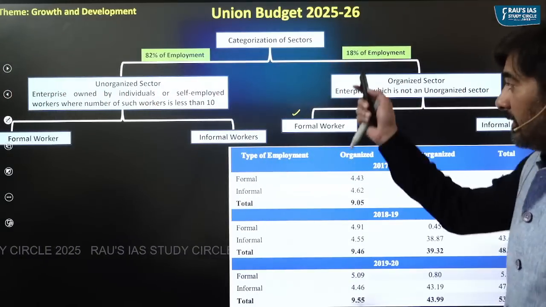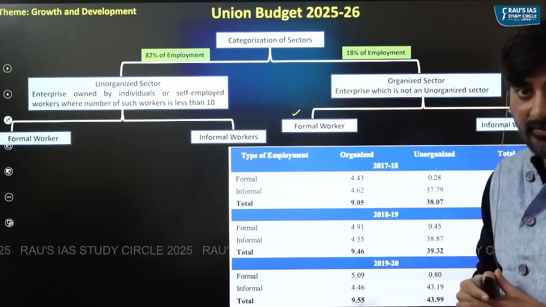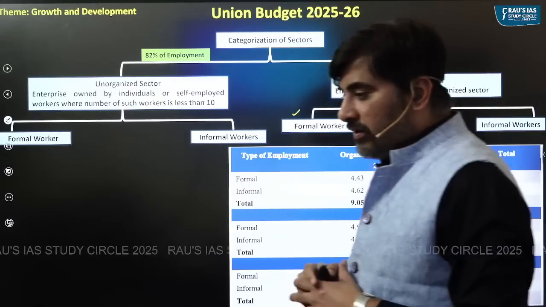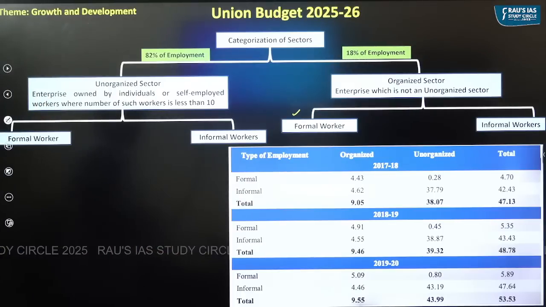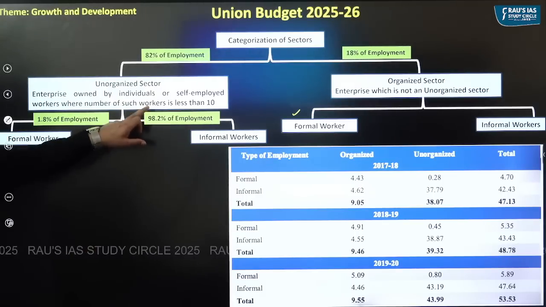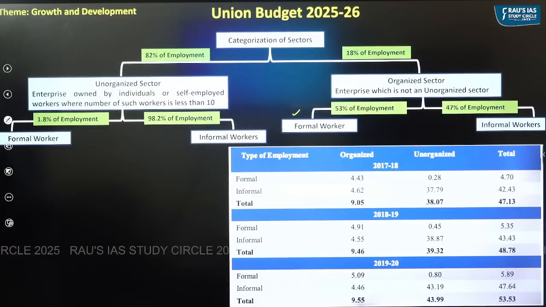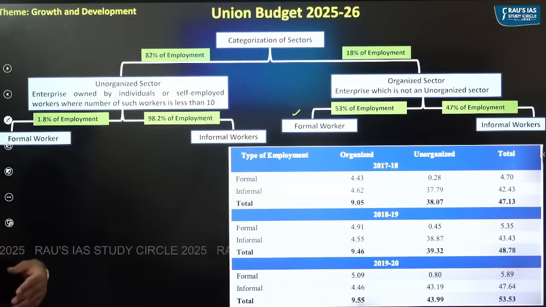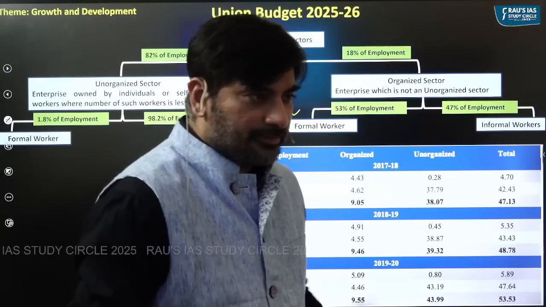As you can see, 82% of the workers are employed in the unorganized sector and 18% are employed in the organized sector. Within the unorganized sector, 98% of workers are informal and just 1.8% are formal. However, within the organized sector, 53% of workers are formal and 47% are informal.